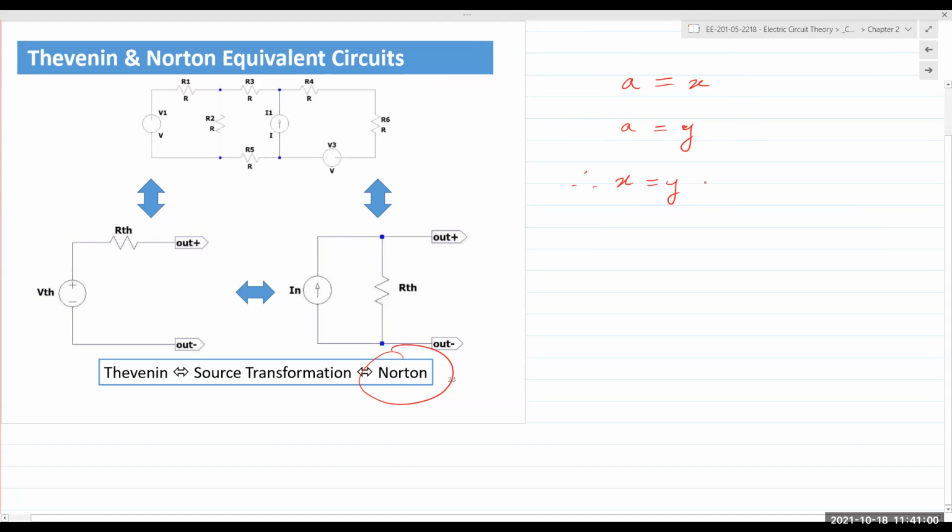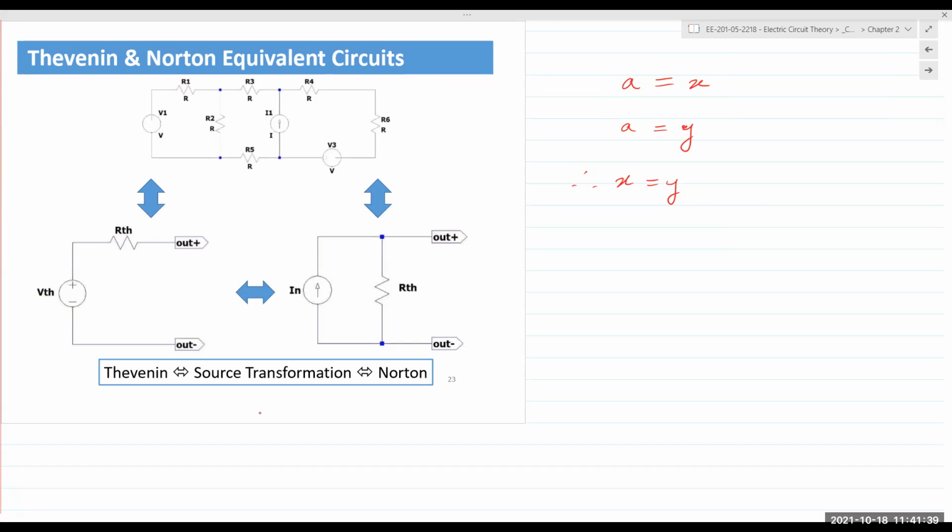Hence, the Thevenin circuit and the Norton circuit are equivalent to each other. And from that logic flows the concept of source transformation. If we have a voltage source in series with a resistor somewhere in the circuit, you could transform it into a current source in parallel with the resistance and vice versa. This is a technique that you can use to simplify your circuits.